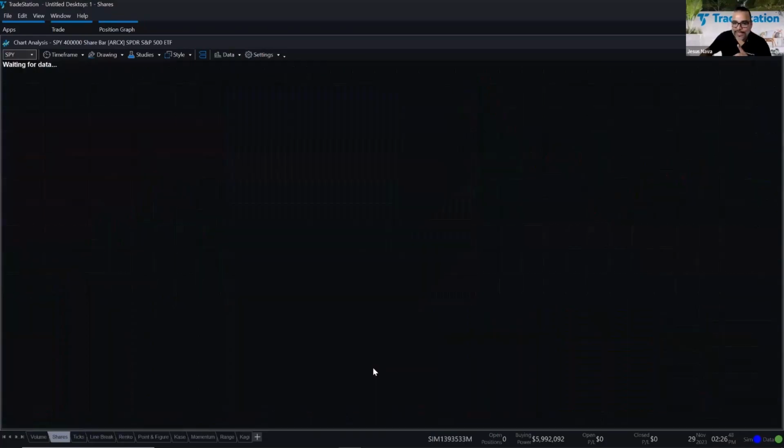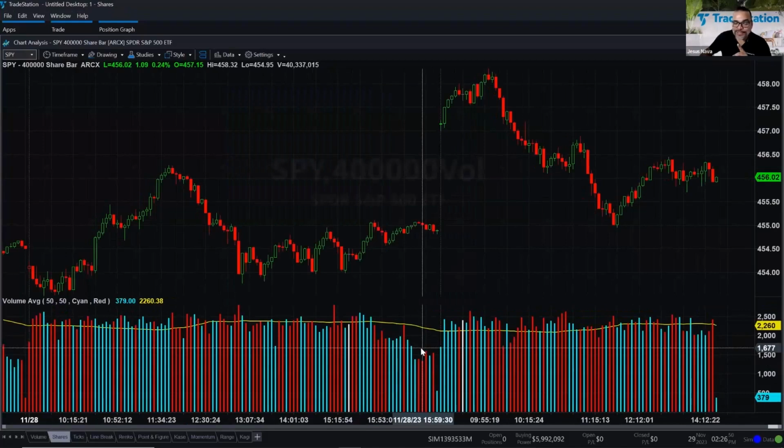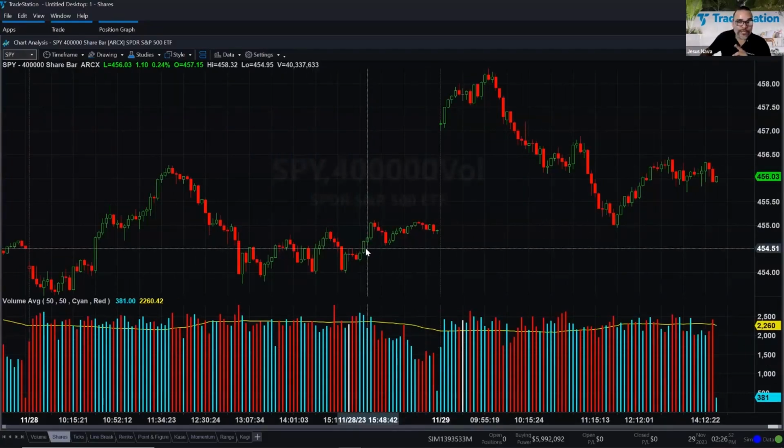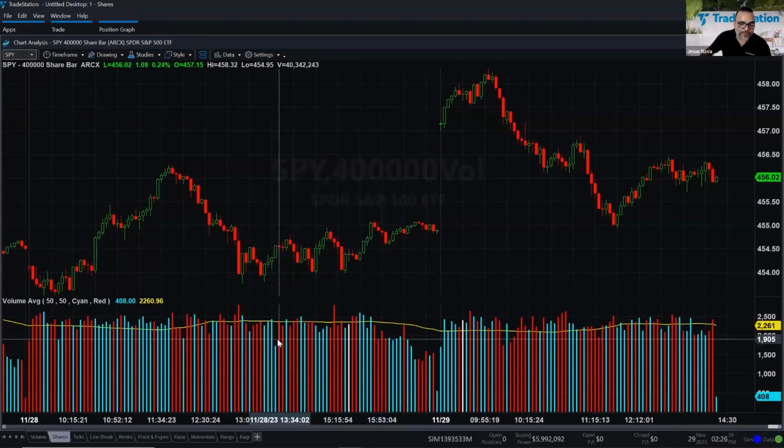That way, I can see how many trades it took to accumulate 400,000 shares, which is an interesting concept. You can see some histogram bars that are bigger than others, mainly because there were more trades required or less trades required to accumulate the 400,000 shares.